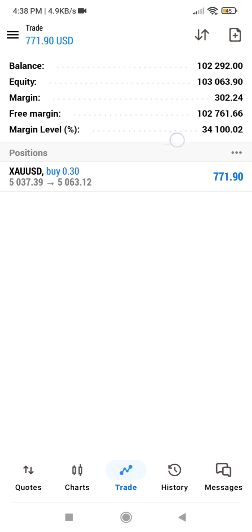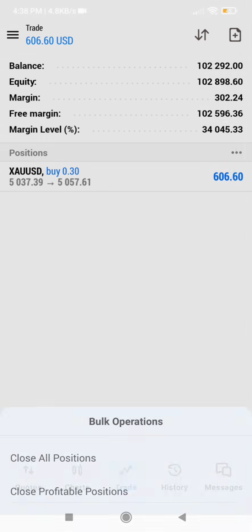So having known all of this: balance, equity, margin, free margin, and margin level, I can now decide to close the trade. So if I close this trade now, this 103,000 automatically becomes my balance. That is simply what equity is all about. So let me just close it to show you.